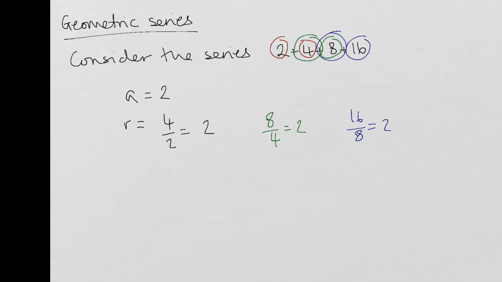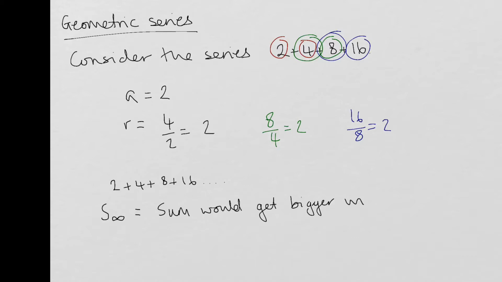Now, if we were to consider adding all of these numbers together, so 2 plus 4 plus 8 plus 16, and we went on, let's say we went as far as infinity. We know that as we went to infinity, the sum would get bigger with each term. Now, this isn't an official definition, this is just me putting it in layman's terms.